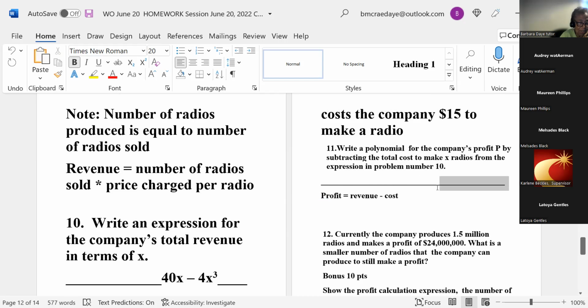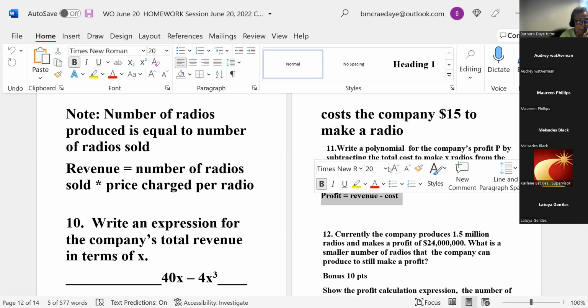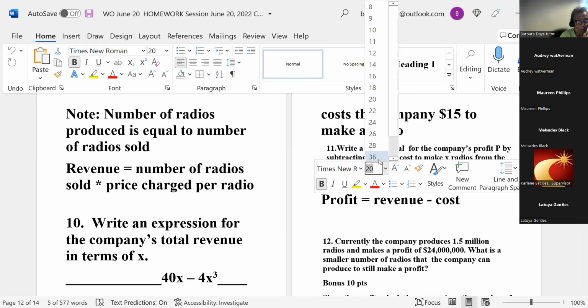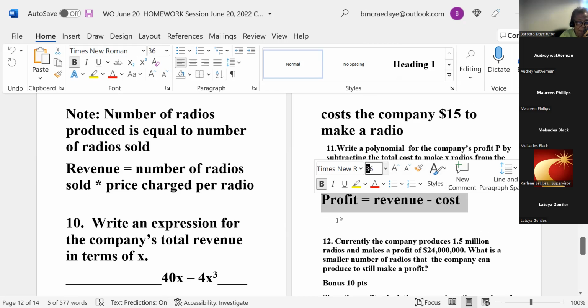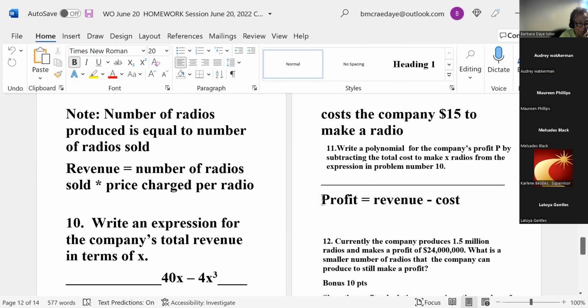So let's make this bigger. Profit is revenue minus cost. Revenue is what we have right here, correct? So you take profit equals revenue minus cost.